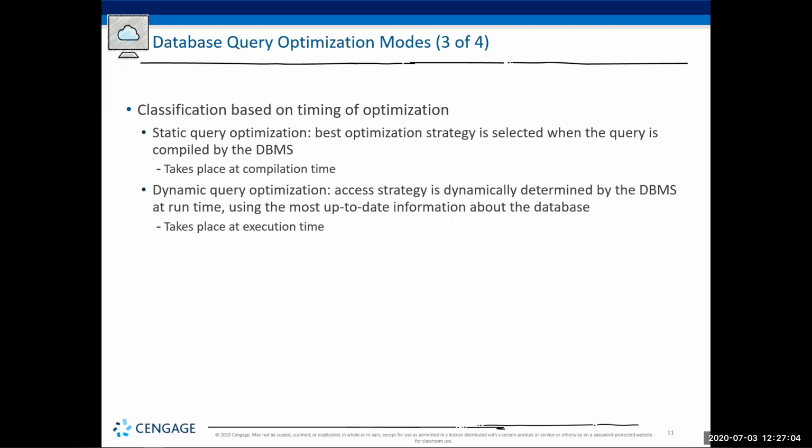And then the dynamic optimization: the access strategy is dynamically determined by the database at runtime using the most up-to-date information about the database. So it takes into account, at the moment in time, what does it have, right? At a given time, I may not have full resources allocated to the database because people are using it, or some other process is running.